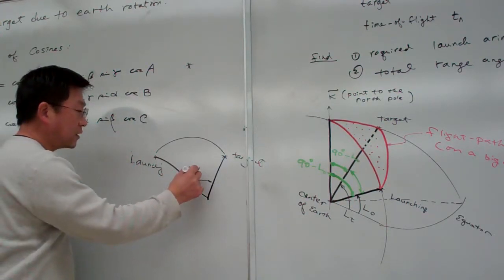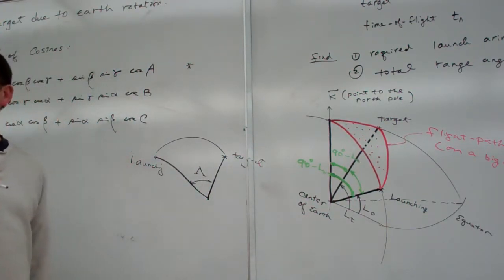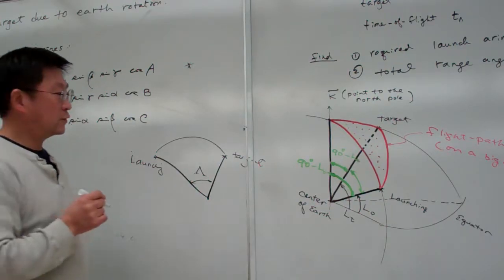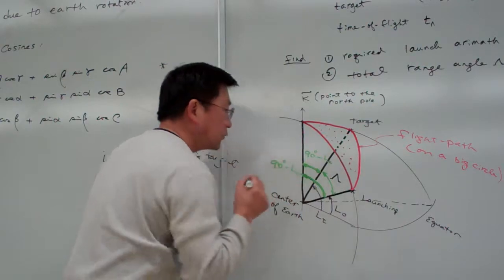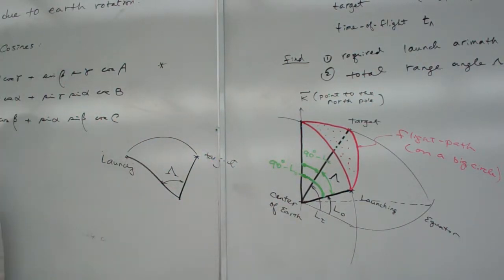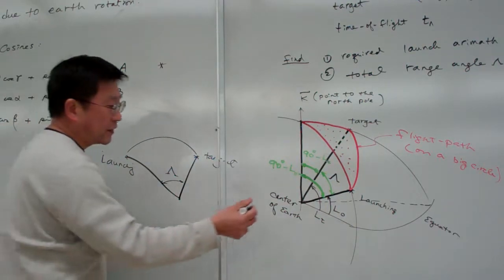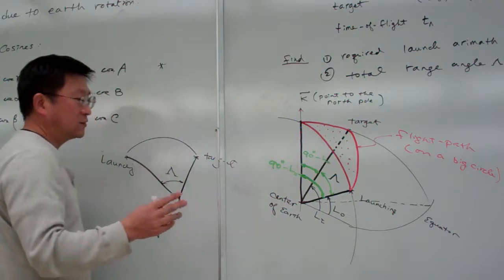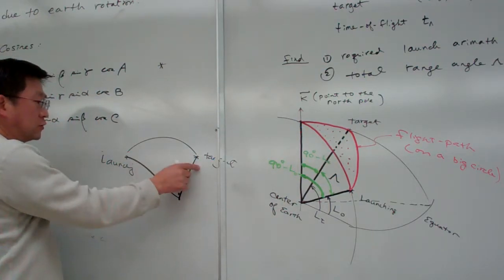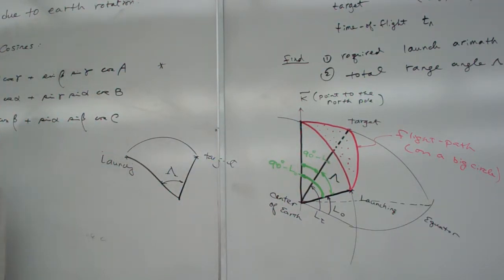So basically that is what we are looking for. This is the entire flight range. Because the two edges, this edge and this edge, span the range from the launching site to the target. Good?